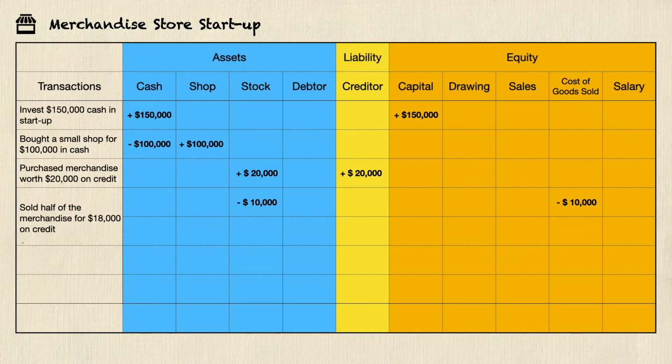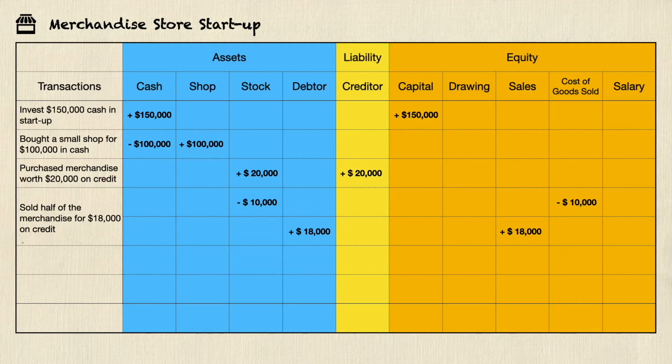Consequently, there will be an increase in debtors by $18,000, which represents the business right to collect from the customers. As this represents revenue generated, there would be an increase in equity of $18,000, which we will classify under sales.